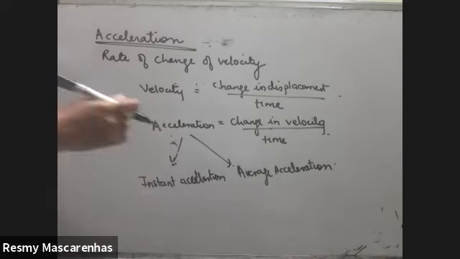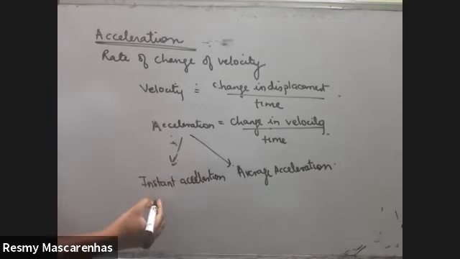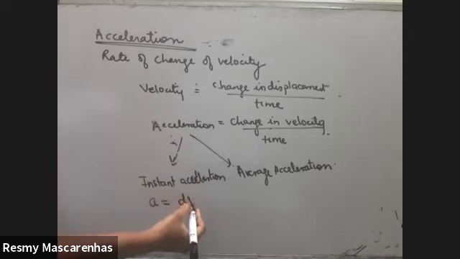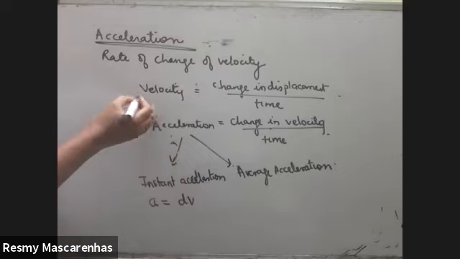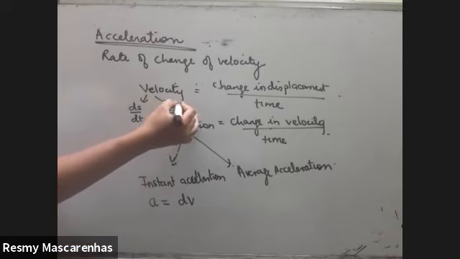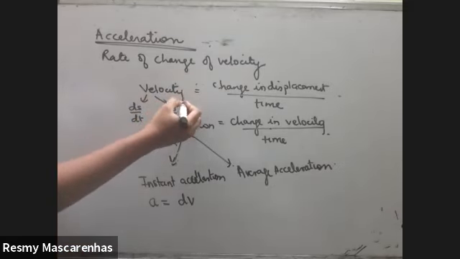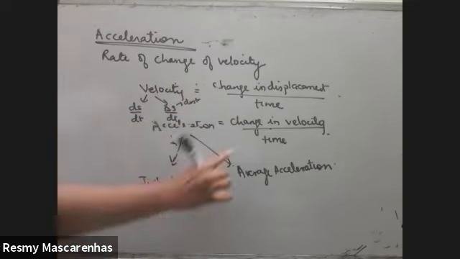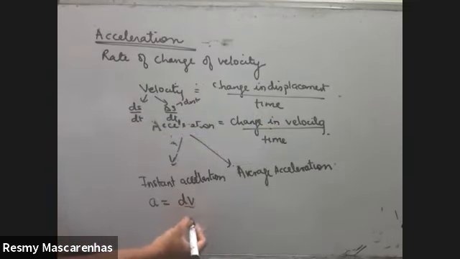So same way here, instant acceleration will be using the letter dv. Now what was velocity? Instant, ds upon dt, and this was delta s upon delta t. This s means displacement, this was distance. Now for acceleration, what will come? V will come, because your velocity is changing with respect to time.